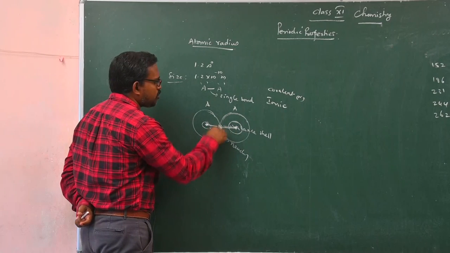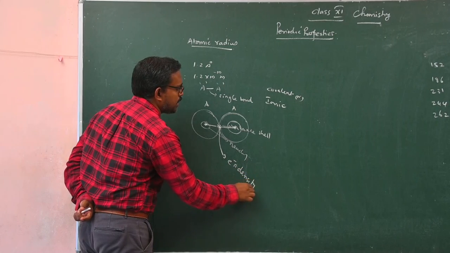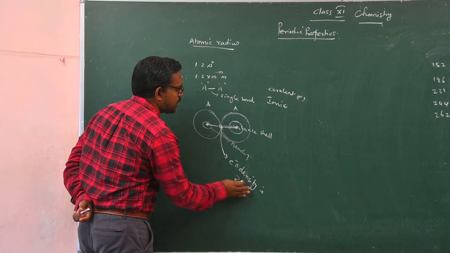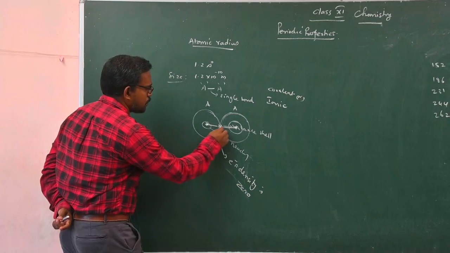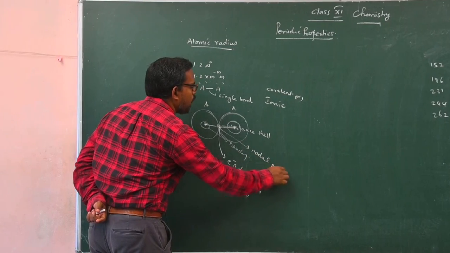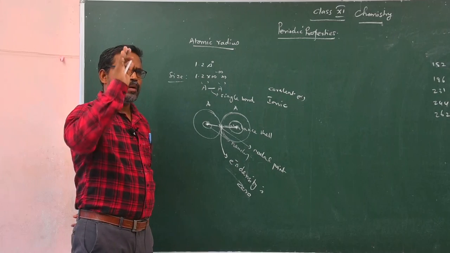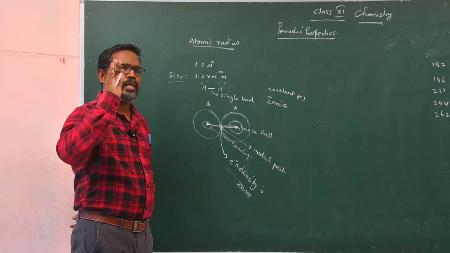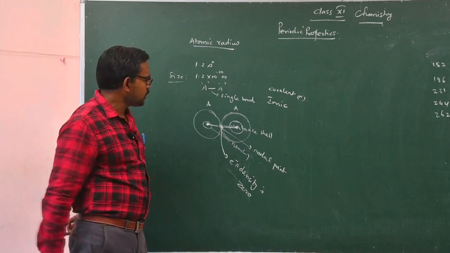The point at which electron density is effectively zero is called the nodal point. So, what does node or nodal point mean? In the molecular form, this is where the electron density is effectively zero.